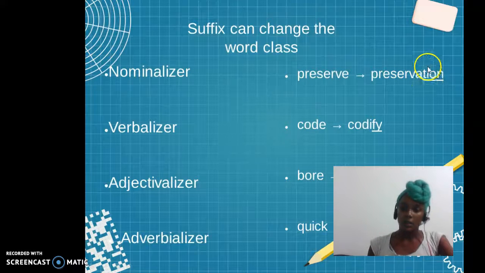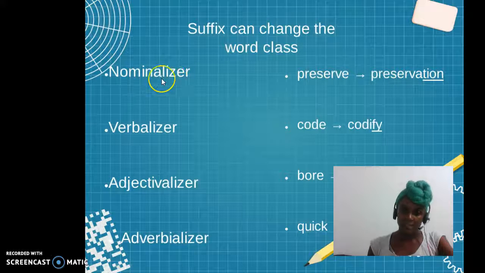In this case, this suffix is named a nominalizer. In the second example, we have a noun that becomes a verb. In this case, this suffix is named a verbalizer.